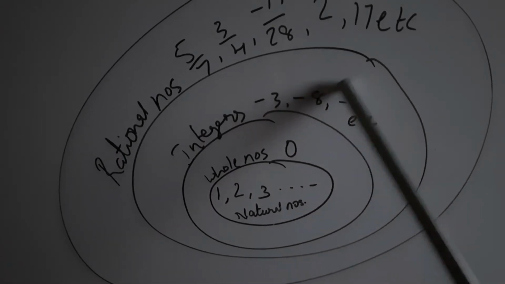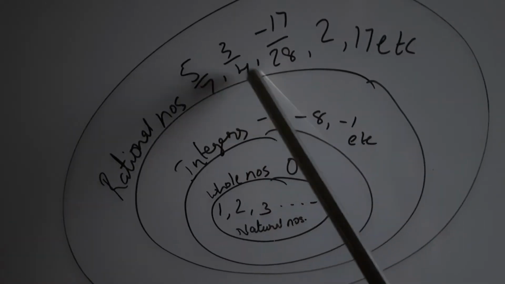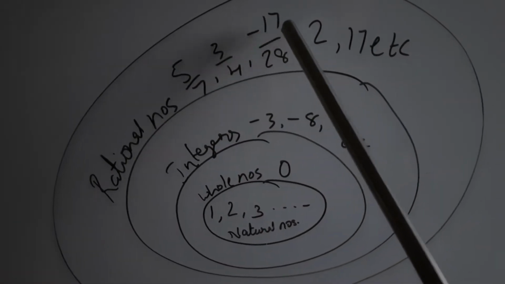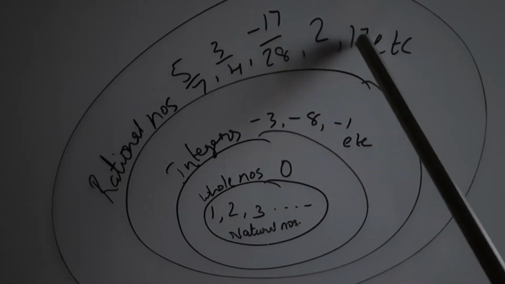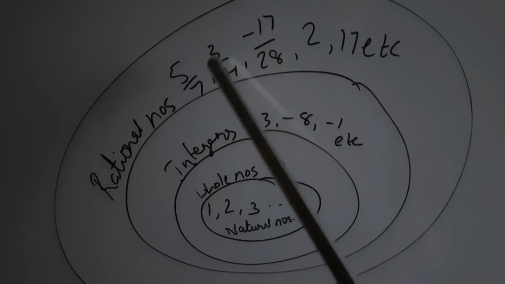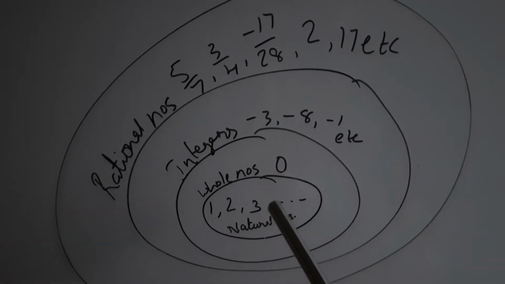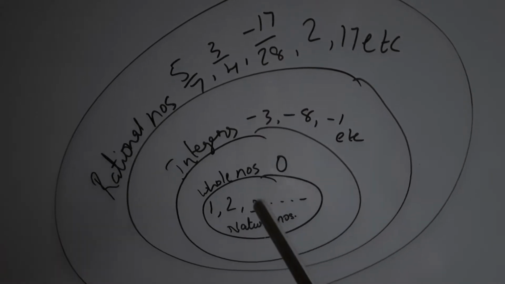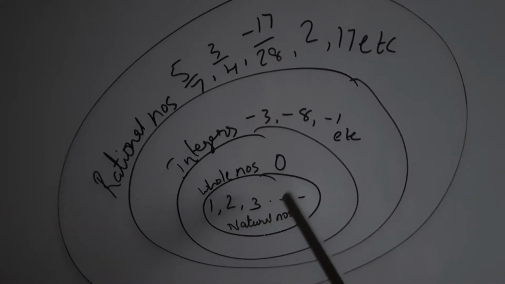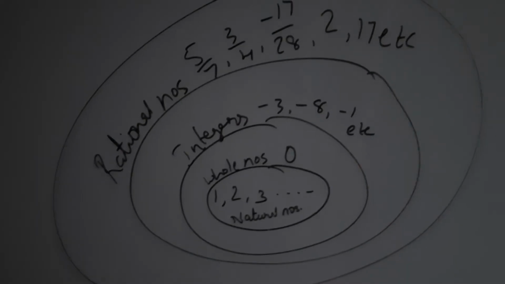And look at the rational numbers: 5 upon 7, 3 upon 4, minus 17 upon 8, and so on. These are just a few examples. So, the rational numbers are a bigger circle encircling the whole numbers, integers and natural numbers. Getting it? All these are inside rational numbers, children.